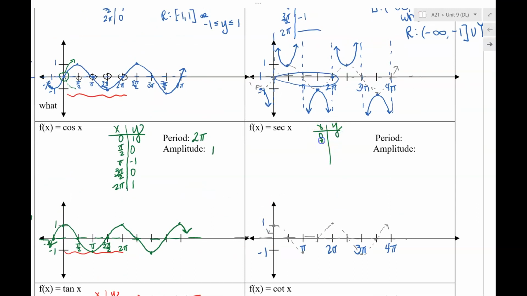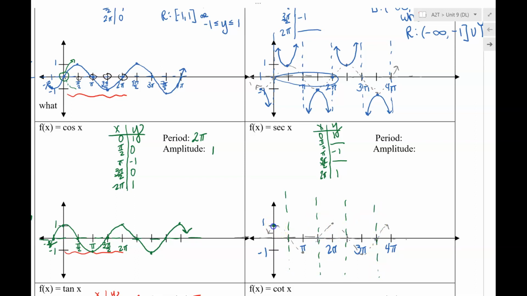We have 0, pi over 2, pi, 3 pi over 2, and 2 pi. At 0, we're going to have 1. At pi over 2 for secant, it becomes undefined. And then -1 and undefined, because wherever I cross the midline on our x-axis, because there hasn't been any vertical shifts, I'm going to have 0 over 1, which then becomes 1 over 0, which is undefined. So we're going to have vertical asymptotes at those locations.